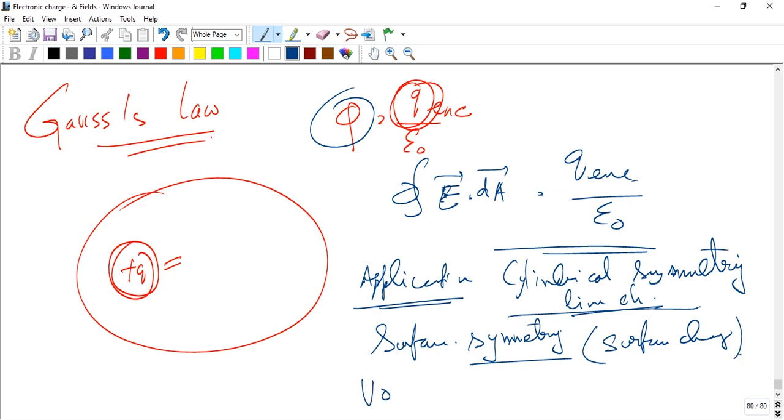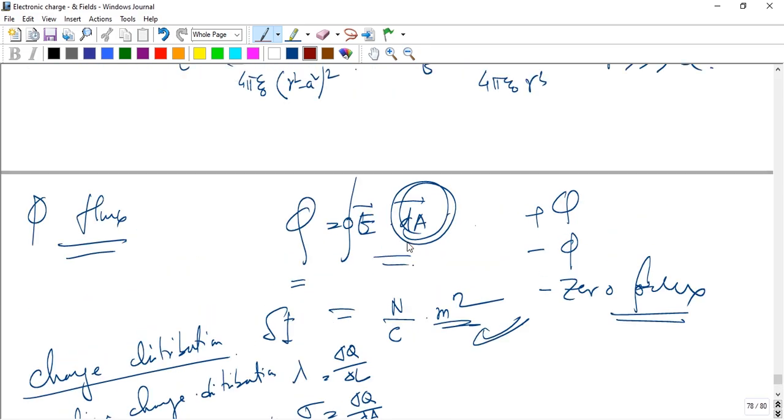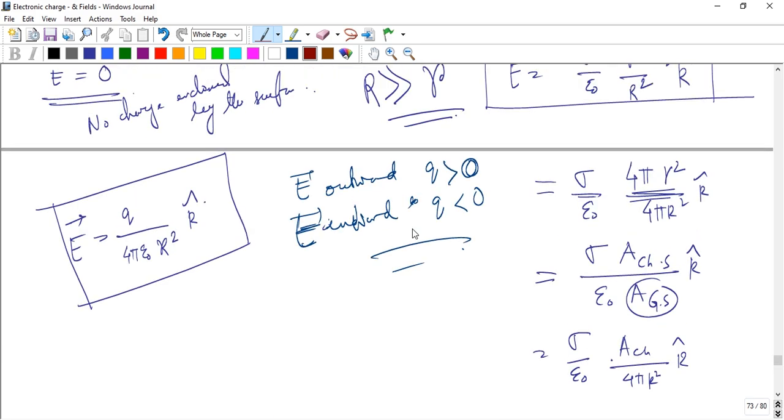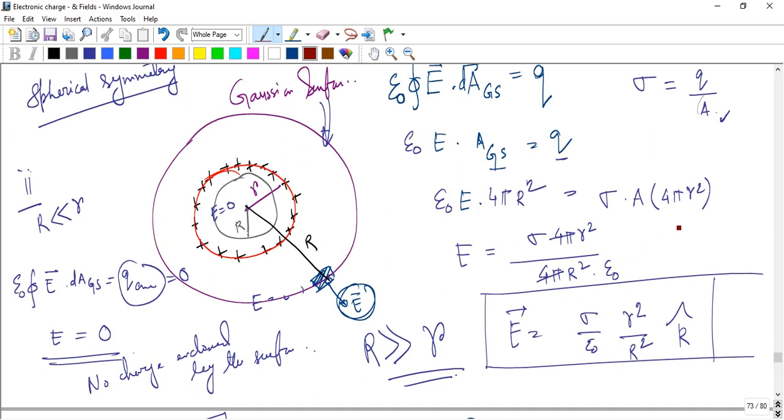Then the volume charge, which has spherical symmetry, not volume symmetry. These volume charges we solve with the help of area symmetry, as you saw in the previous topic. Spherical symmetry is also solved with the help of area symmetry; you don't need any volume symmetry here.